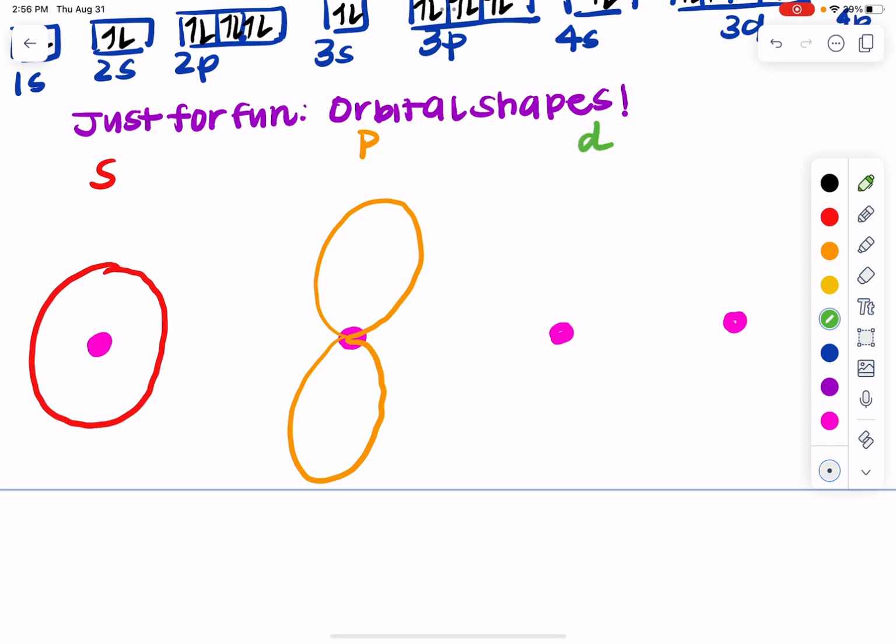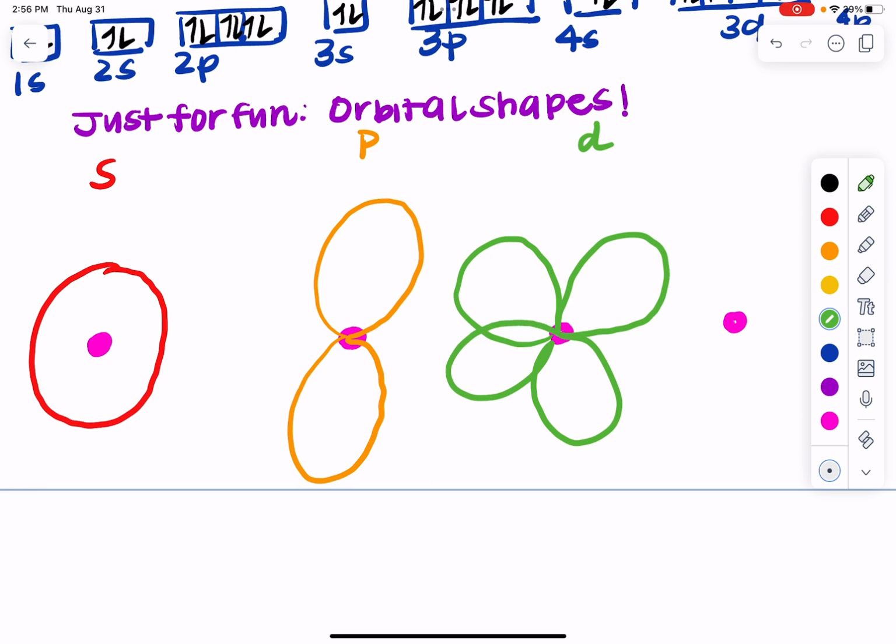If you're in the d orbital, remember, you have an s and a p orbital, but the d orbital kind of looks like a clover of sorts.